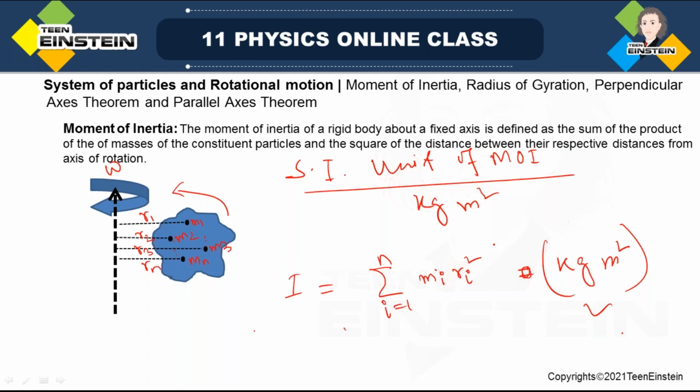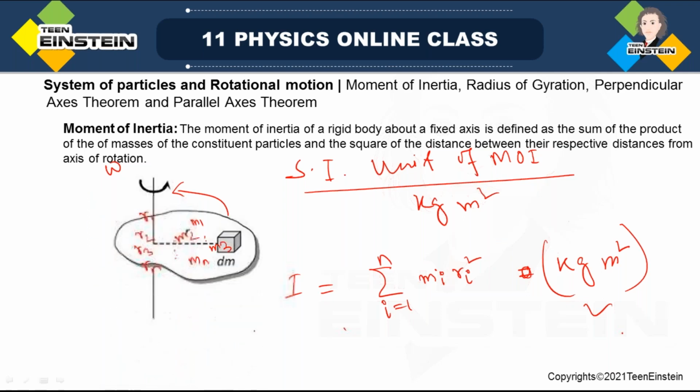Now let us see what the physical significance is and what the factors are. I had already briefly told you, but I'll still discuss the physical significance. In case of linear motion, mass is the measure of inertia, and it resists the change of its motion.